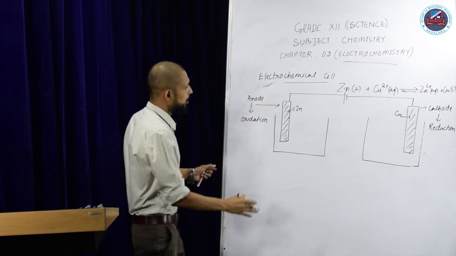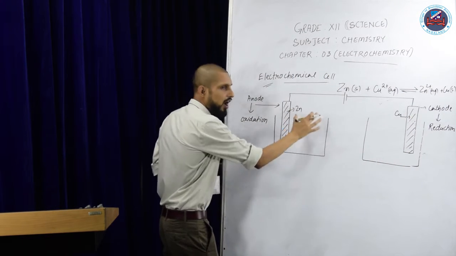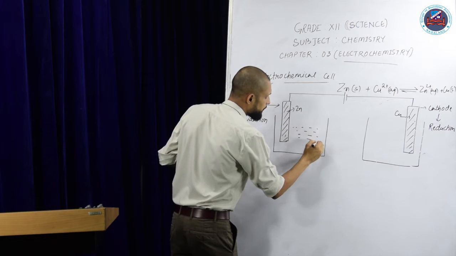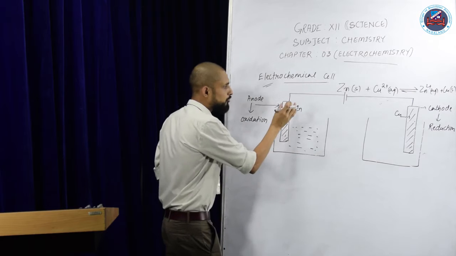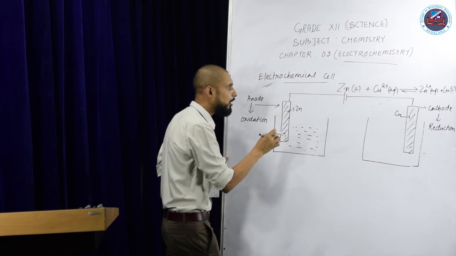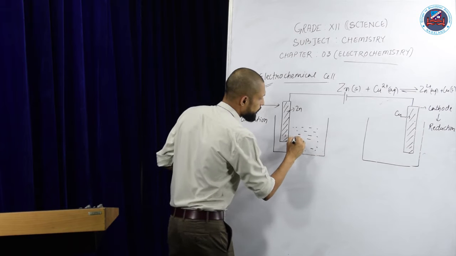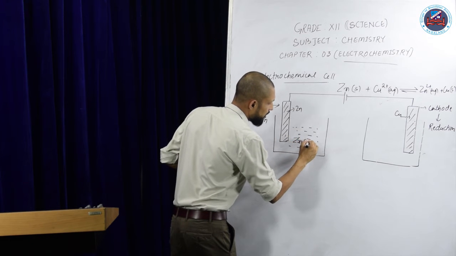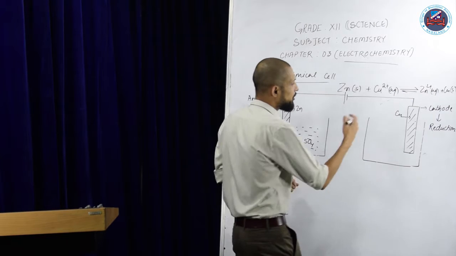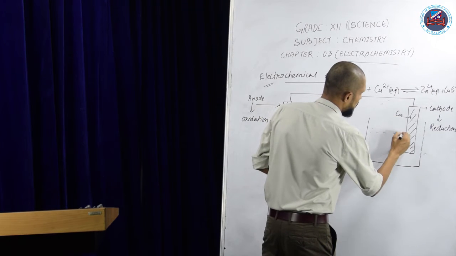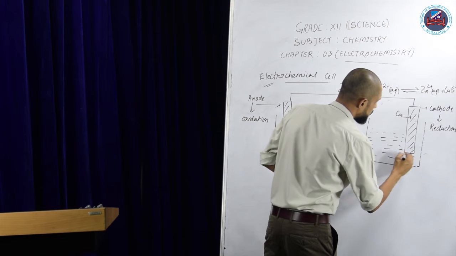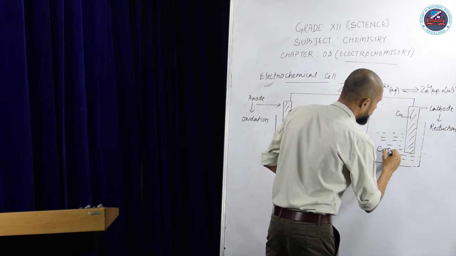Now, in this half cell, you also need an electrolytic solution. So if you take zinc electrode, the electrolytic solution is a salt of zinc. So we'll take an electrolytic solution of zinc sulfate. In the other half cell, since we have taken copper electrode, the electrolytic solution is made up of copper sulfate.